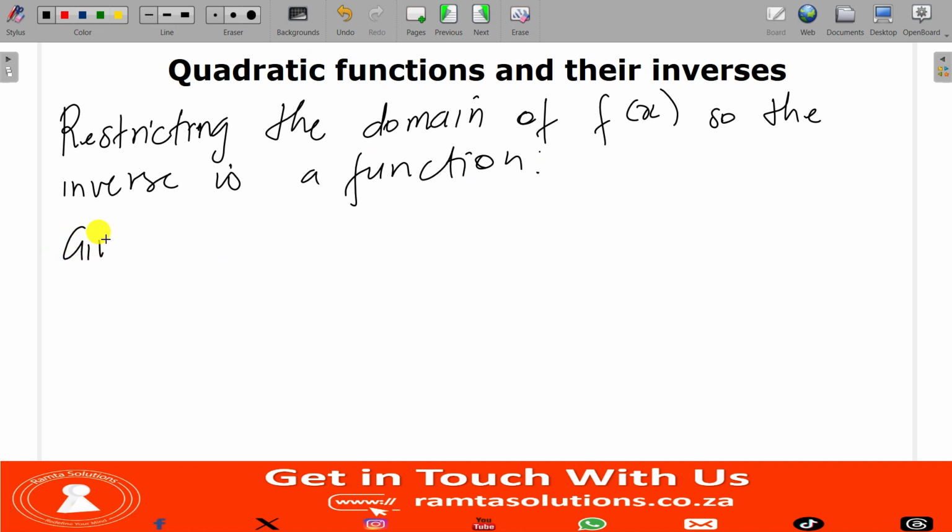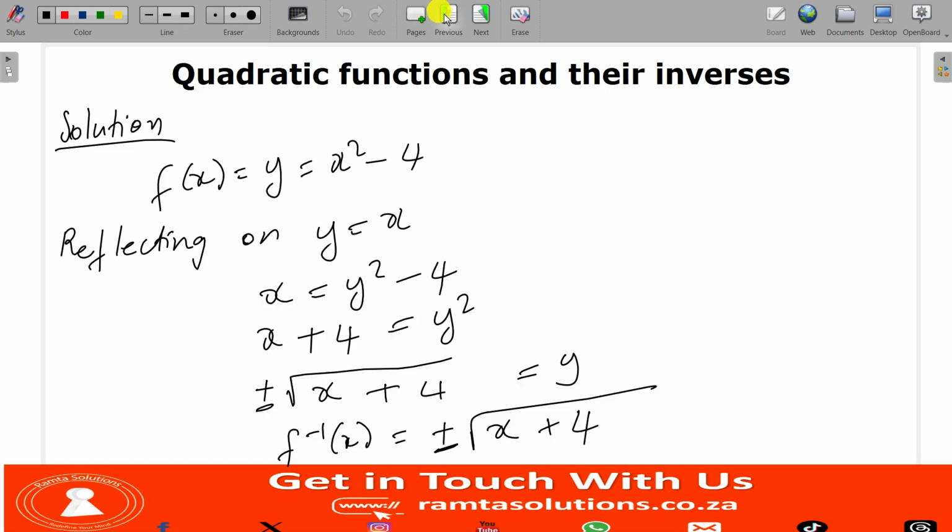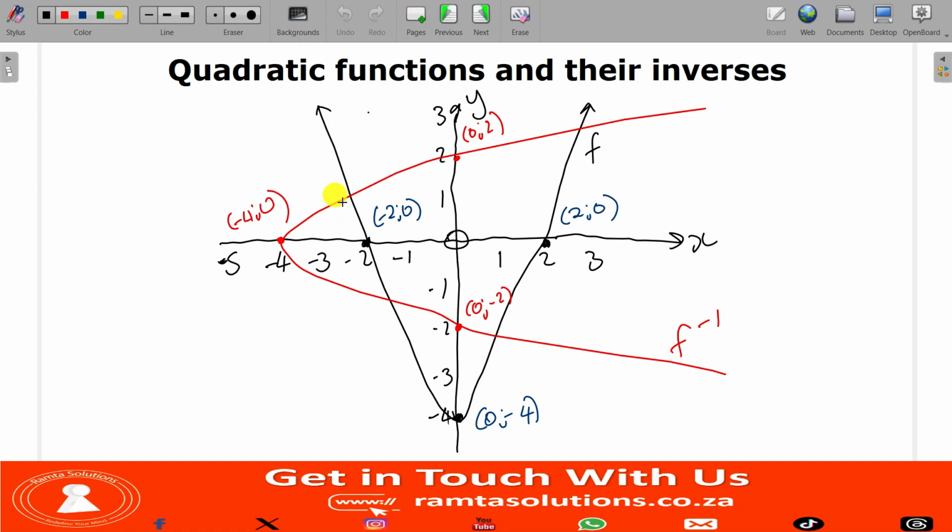Let's say we are given f of x equals x squared minus 4. We know what this looks like. As you can see, it looks like this, right?